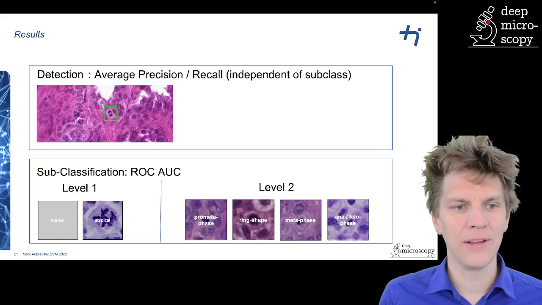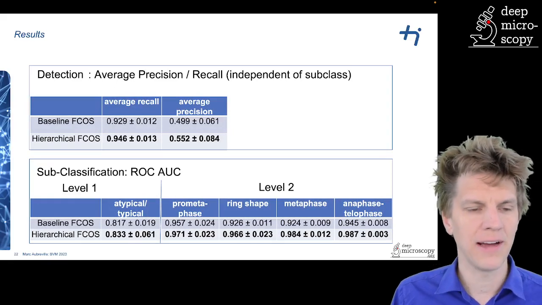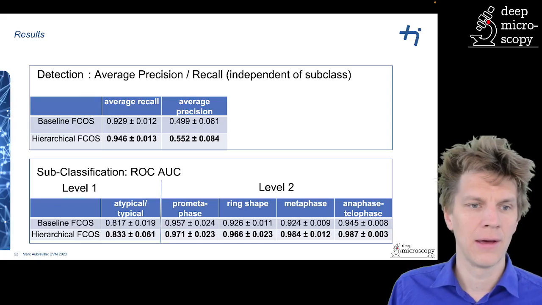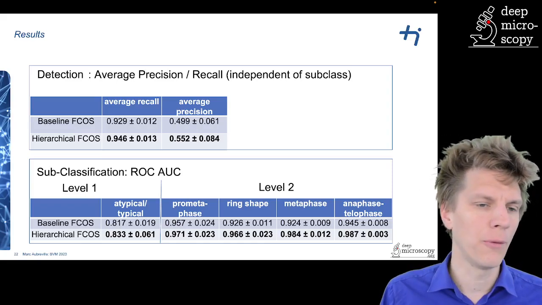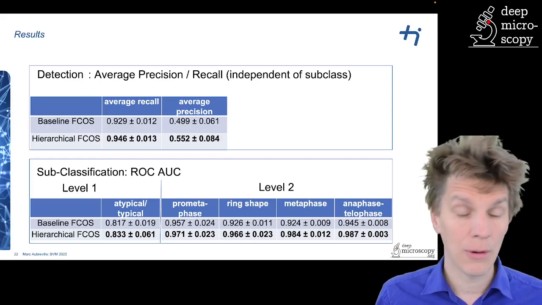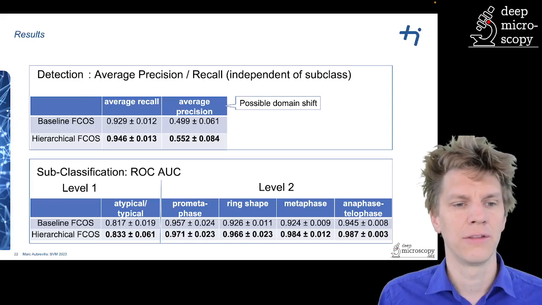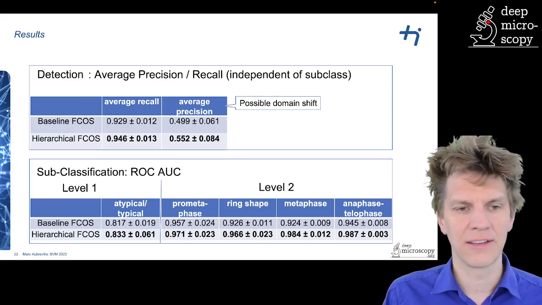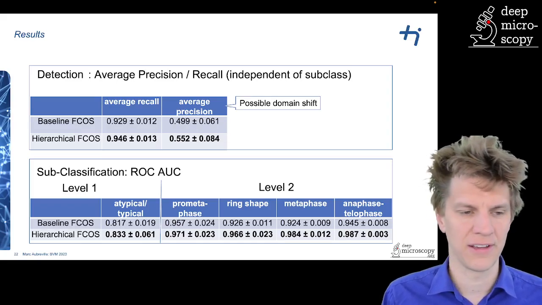Right, so let's go into the numbers, into the evaluations. If we do that, we find that the average recall is really high, 0.95. The average precision is not as high as we could or would have hoped for, it's 0.55. However, in our view this relates to a possible domain shift between the datasets. Simply put, these are from different clinics with different stain environments, so this could have played a major role, and we didn't account for that.